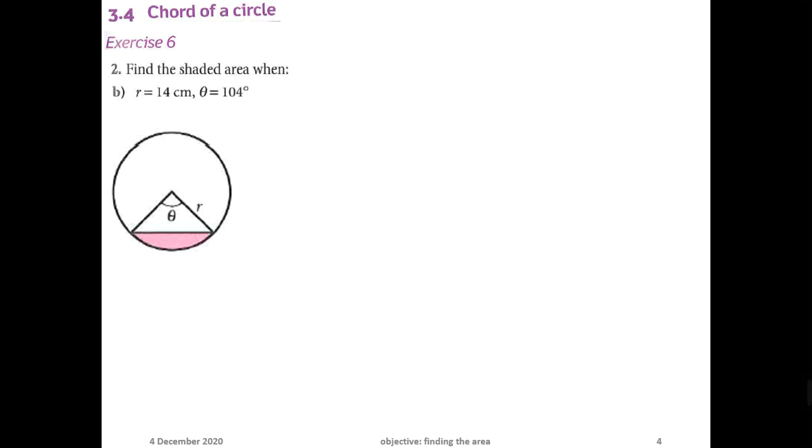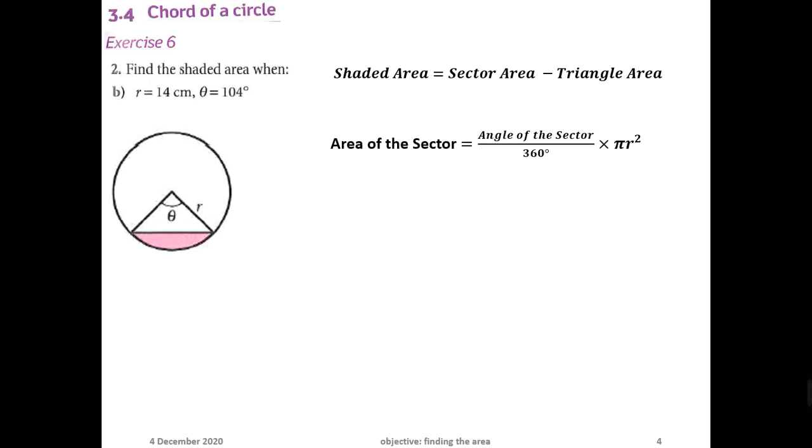If you look at this question here, all we changed is the given radius and the angle of the sector, which is opposite to the arc of the sector. And we are finding the area of the segment, which is shaded in pink again. So the area of the shaded segment is equal to the area of the sector minus the area of the isosceles triangle.